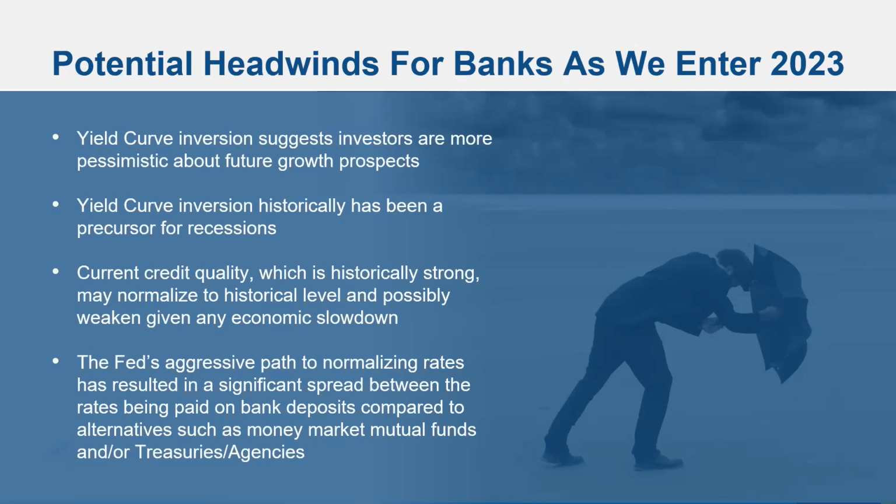The yield curve historically, when it inverts, has been a precursor of recessions. If history is any guide, we would start to normalize, and as that slowdown occurs and some unemployment happens, albeit from historically low rates, that could potentially create some credit issues in the industry.